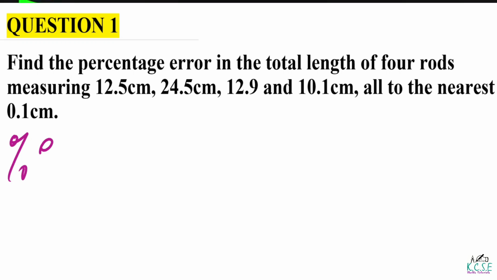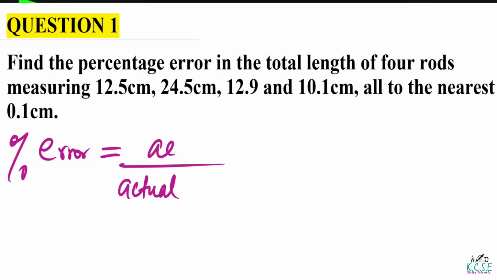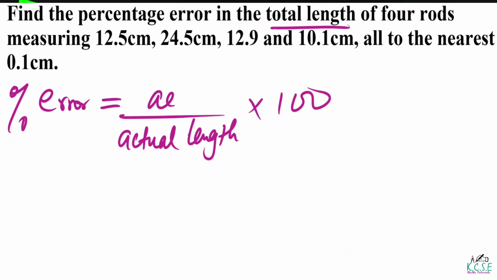The percentage error is obtained by the absolute error over the actual, which in this case is the actual total length of the 4 rods, multiplied by 100. So that's the first thing.